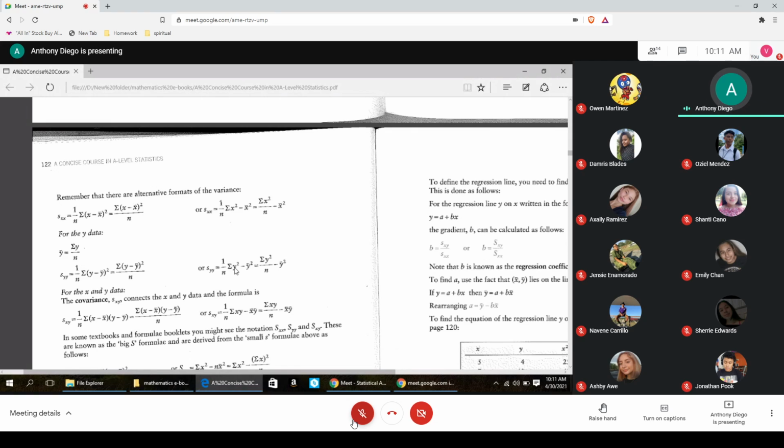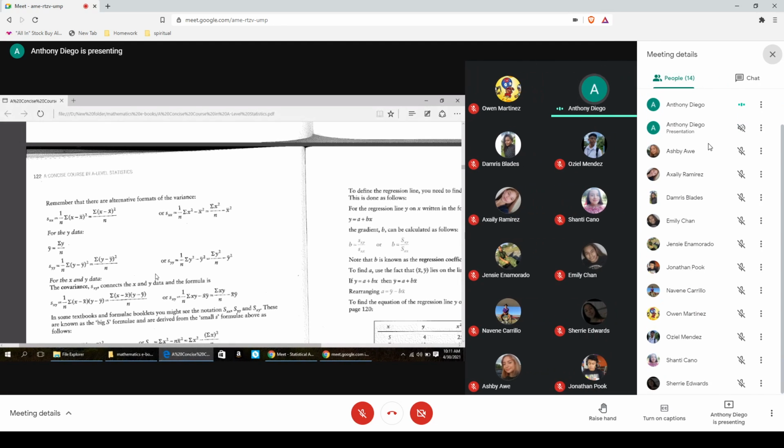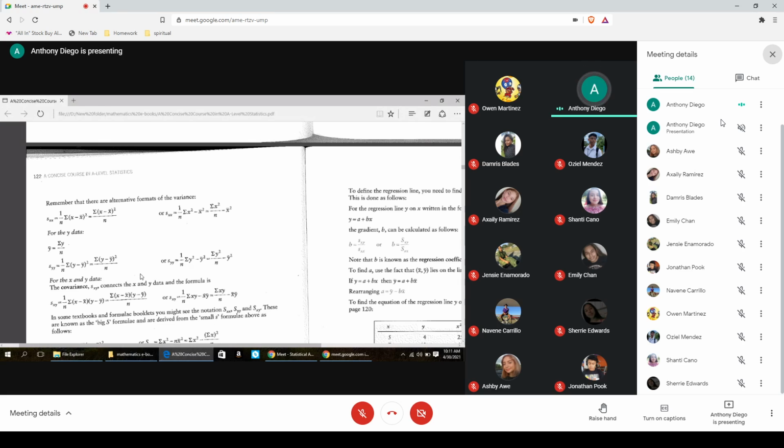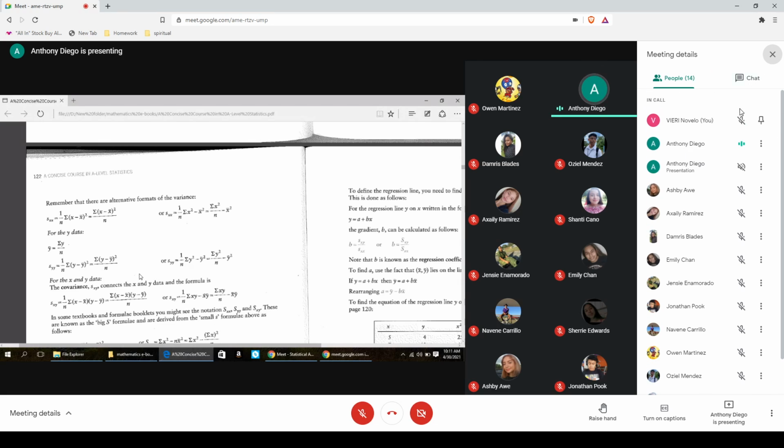And to find the variance of that, Syy, this is what we have: the summation of y squared over n minus y bar squared.